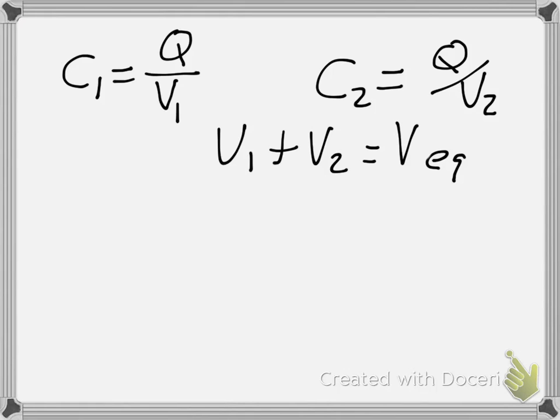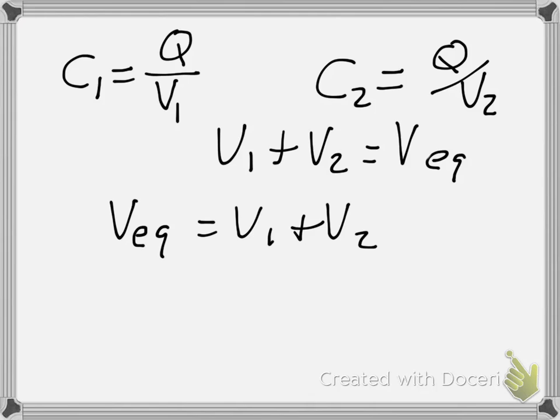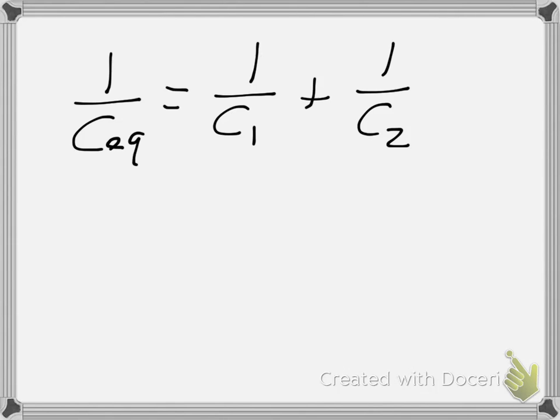So then V equivalent will just equal V1 plus V2, and V equivalent, if we go back, is equal to Q over C equivalent. So that means that V1 is equal to Q over C1, and V2 is equal to Q over C2. And again, we have the nice cancellation, and we get the final result that 1 over C equivalent is equal to 1 over C1 plus 1 over C2.